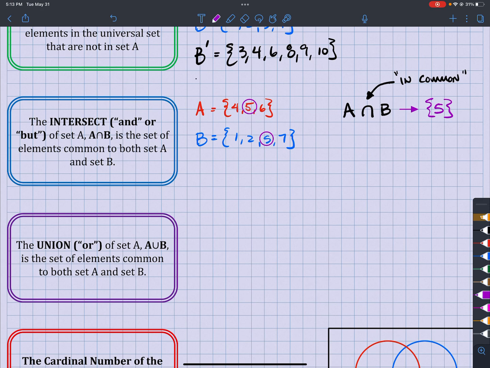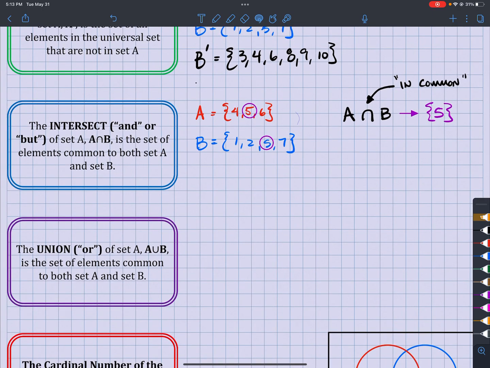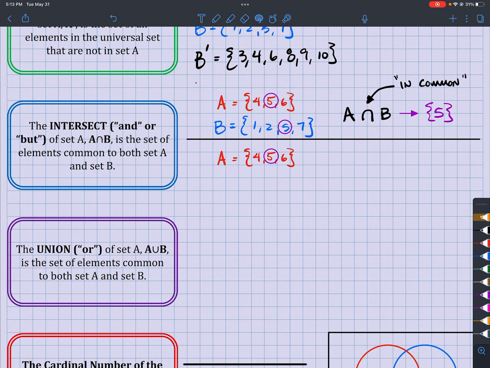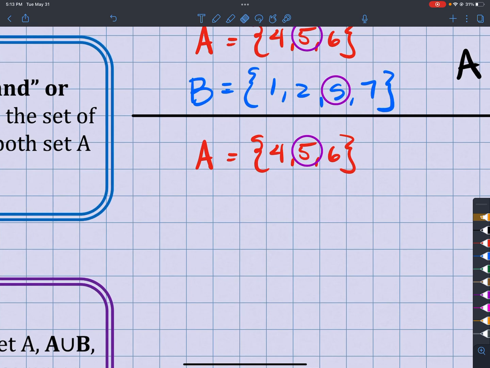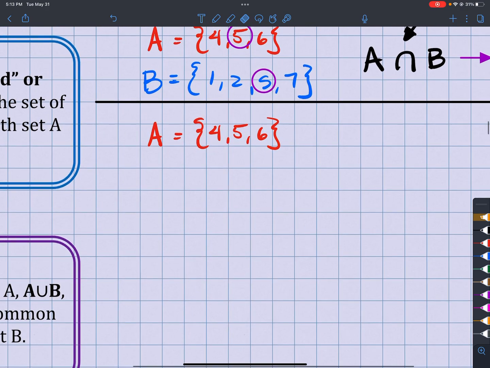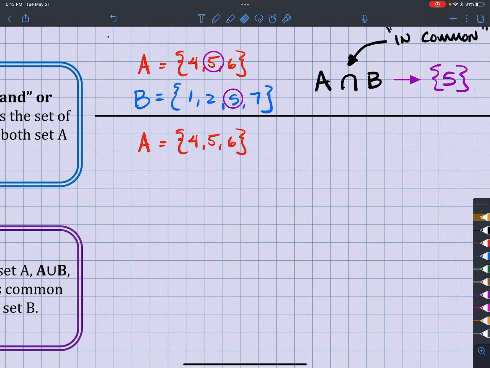So now my other question is, if that is the case, what if I had, let me do it this way. So let's go ahead and bring A down. What if I said, here's A, and I want to intersect with an empty set, right?